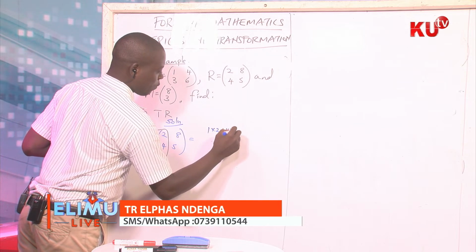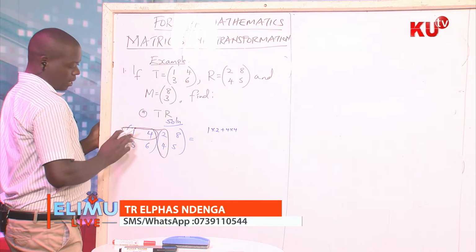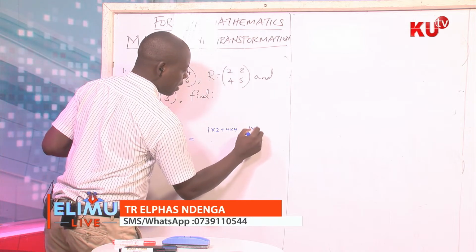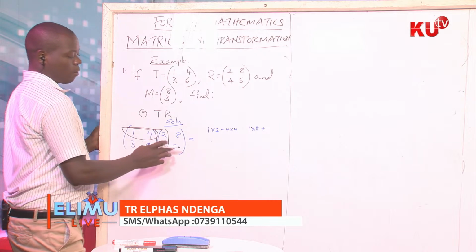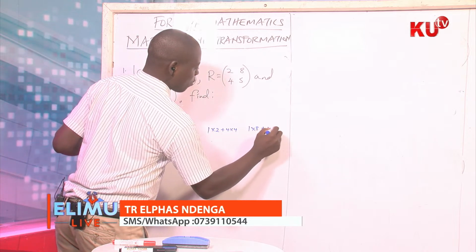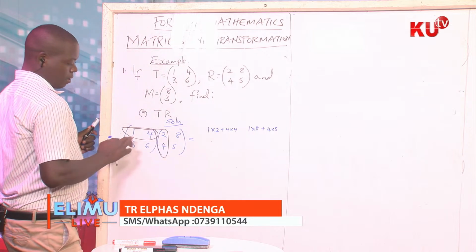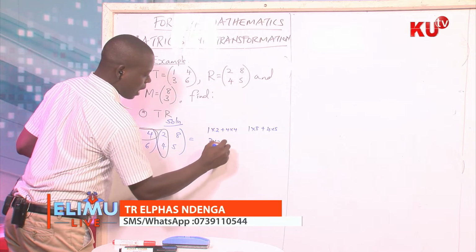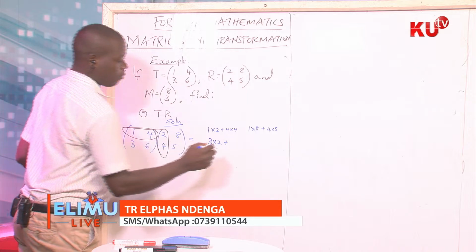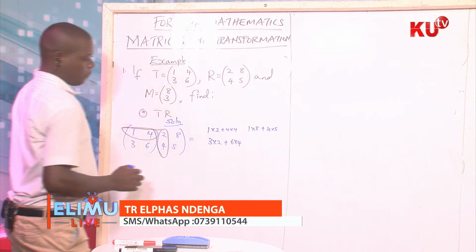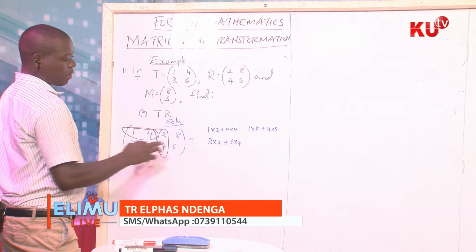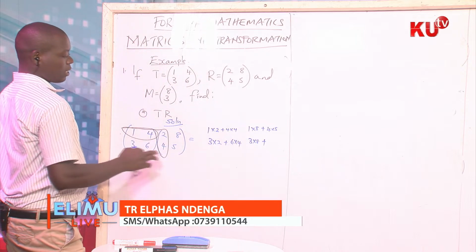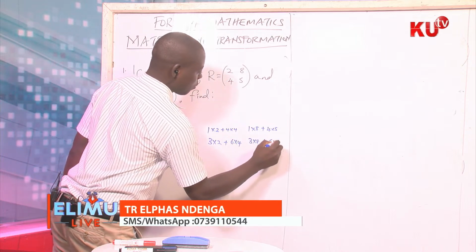Then again, 1 multiplied by 8, add 4 multiplied by 5. 3 multiplied by 2, add 6 multiplied by 4. 3 multiplied by 8, plus 6 multiplied by 5.